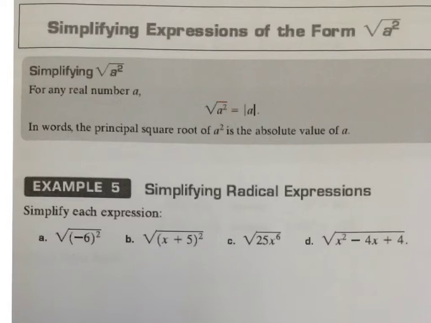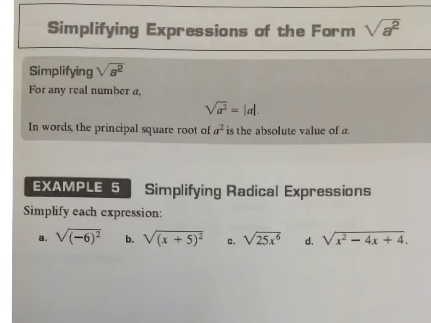But because we're taking the square root of an even power, you get the absolute value of a. So in words, the principal square root of a squared is the absolute value of a. That's what it says, so let's look at how that works with examples.